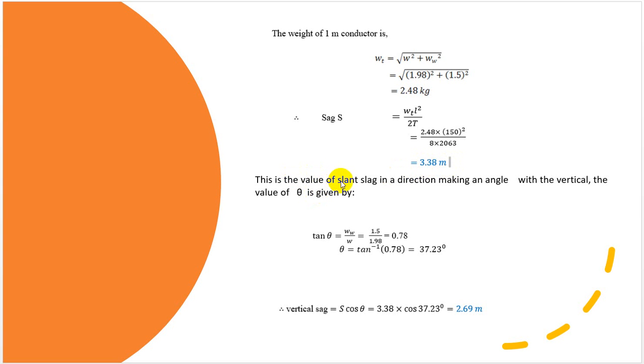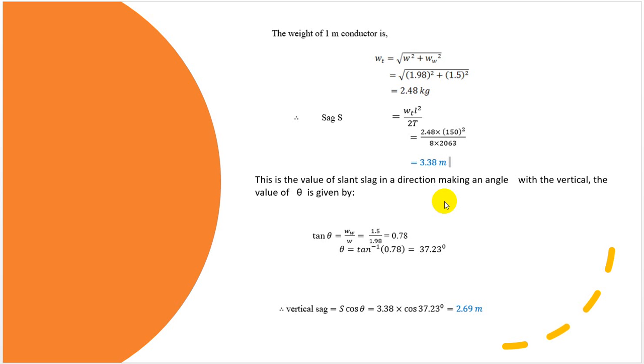This is the value of slant sag in a direction making an angle with the vertical. The value of theta is given by the basic equation tan theta equals Ww by W. From this equation, we can easily find the value of theta. Then I get the value of theta is 37.23 degrees.